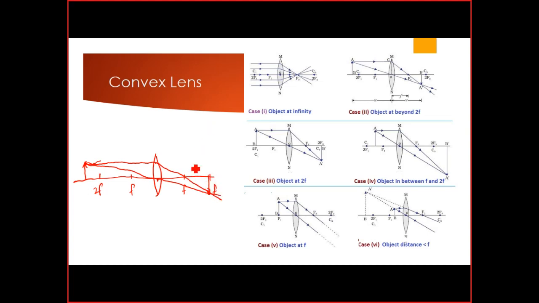This image is inverted, meaning that it becomes upside down. The image is over here at this point. In contrast to the mirror, if your image is located over here, this is a real image.